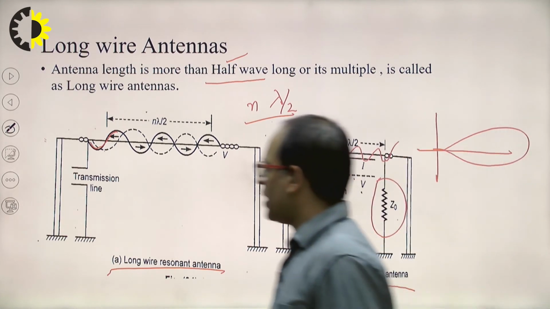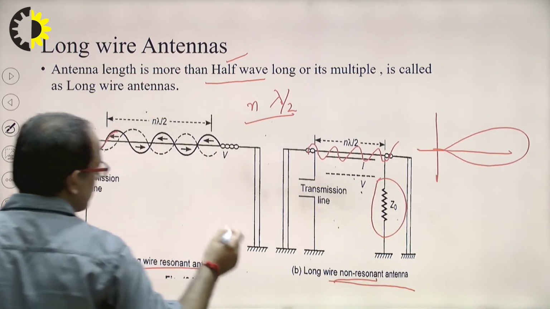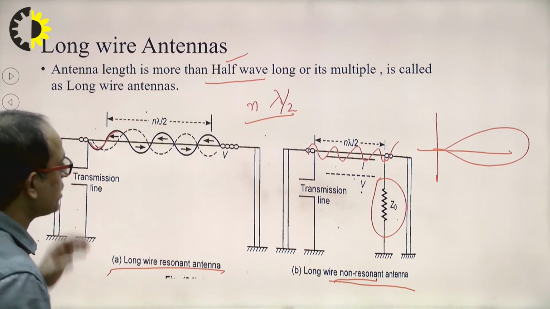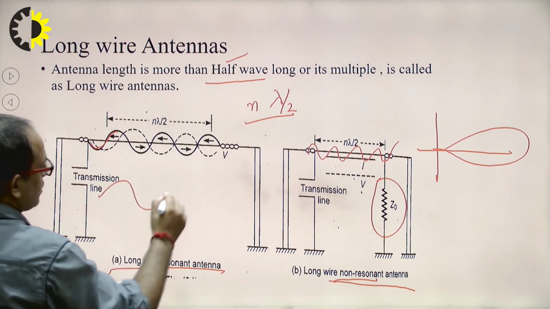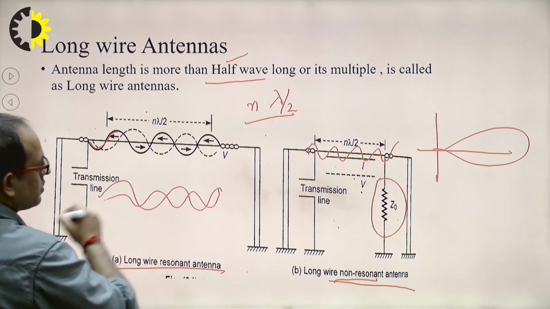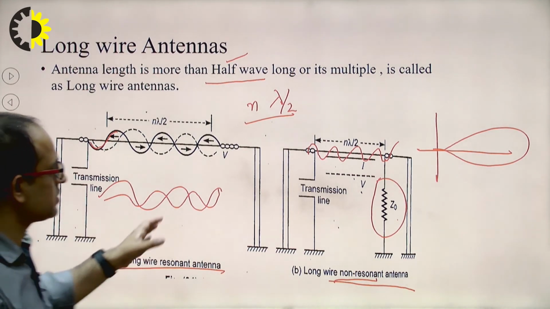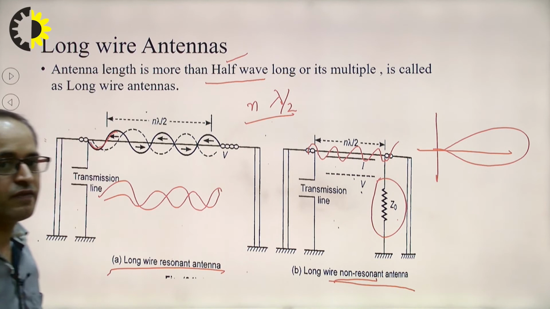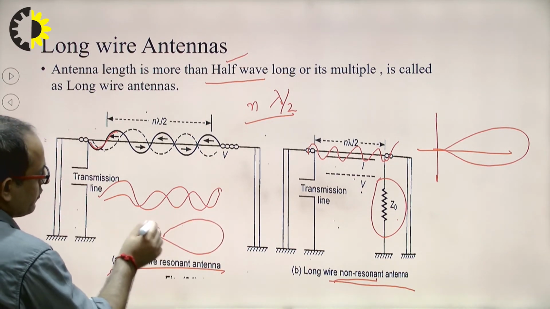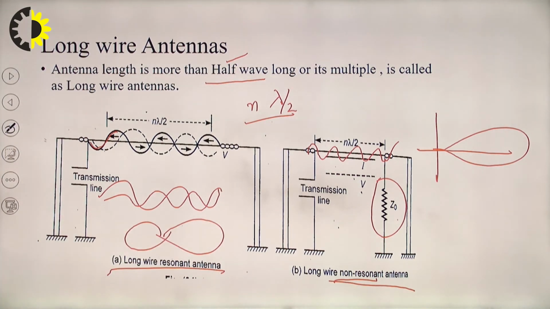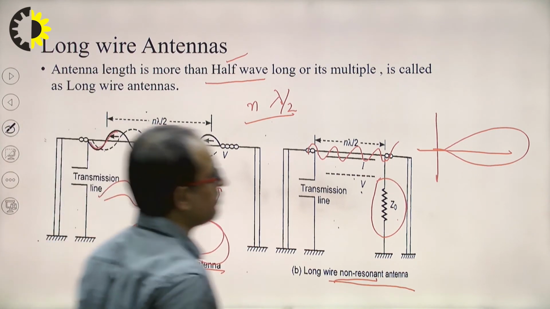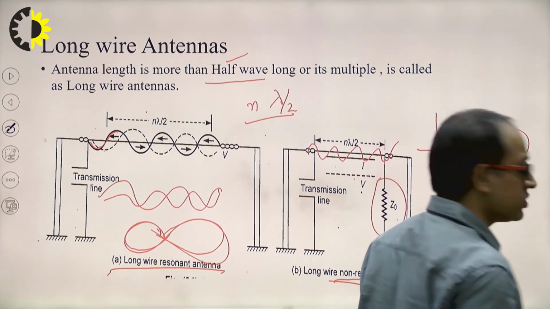Clear? And in the other case there is no impedance matching with the space, meaning there is no terminal impedance. The wave which is forwarded will also get reflected back by the space, and there will be existence of standing waves. That's why the radiation pattern will be in the forward direction and some in the backward direction. That means it has a bidirectional radiation pattern, while the other has a unidirectional radiation pattern. Clear?